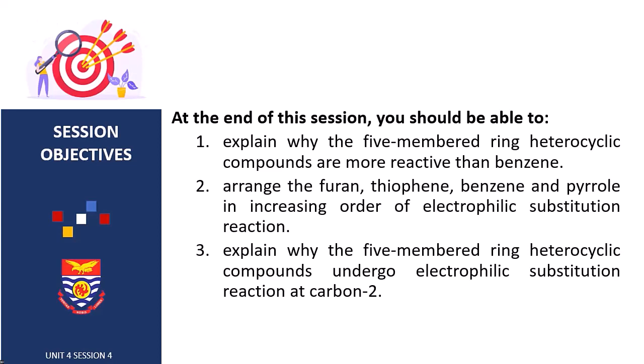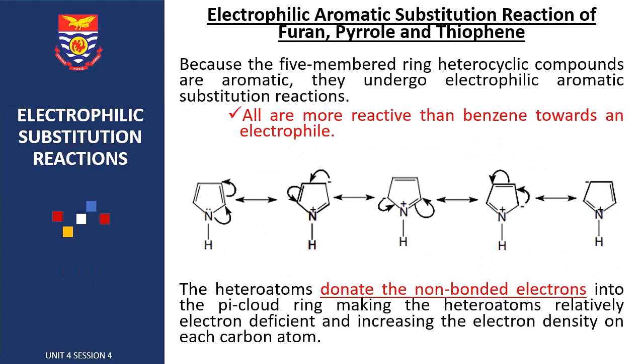the carbon number 2. So to begin with, we look at the electrophilic aromatic substitution reactions of pyrrole, furan, and thiophene. Now, because the 5-membered rings are also aromatic groups, they also undergo electrophilic substitution reaction. However, they are more reactive than benzene towards an electrophile.